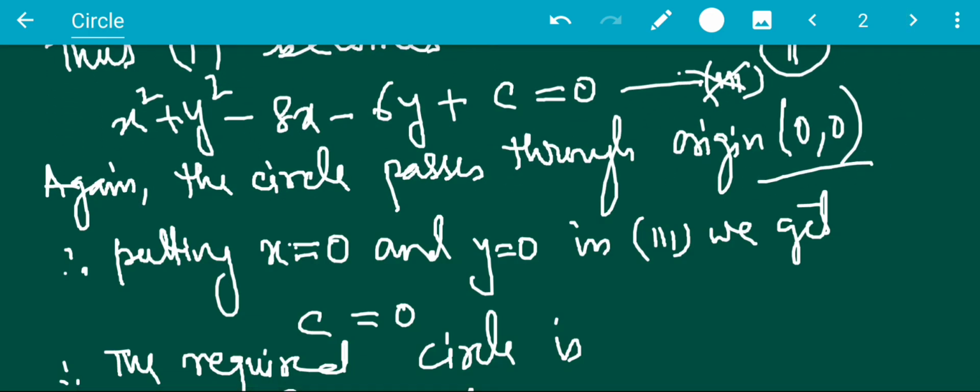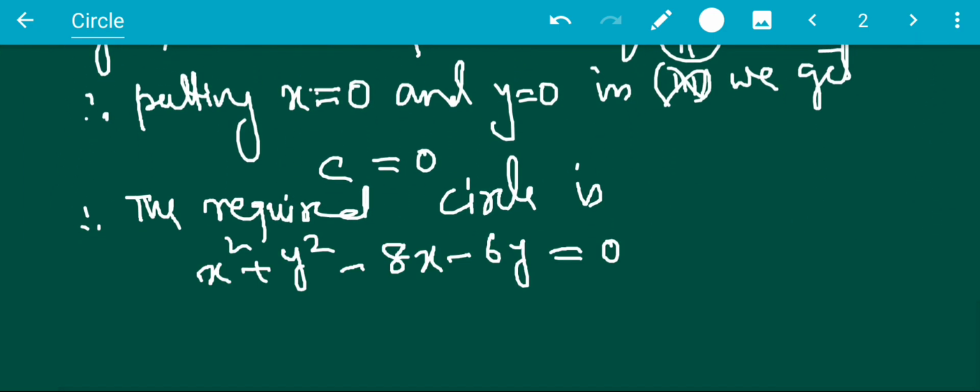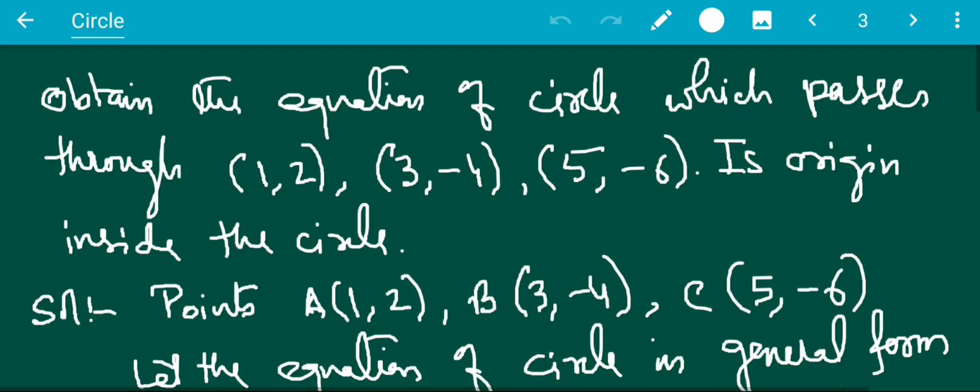So putting x equal to 0 and y equal to 0 in equation 2, we get c equal to 0. So our value of c ultimately becomes 0. So the required equation of circle is x square plus y square minus 8x minus 6y equal to 0.